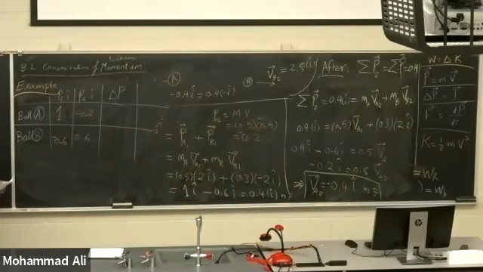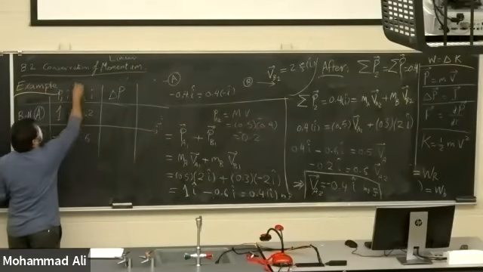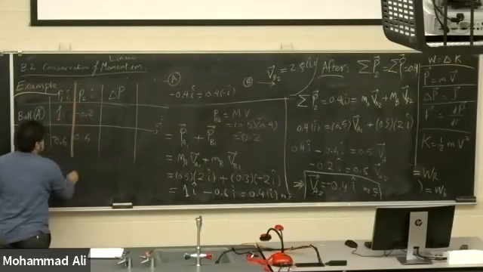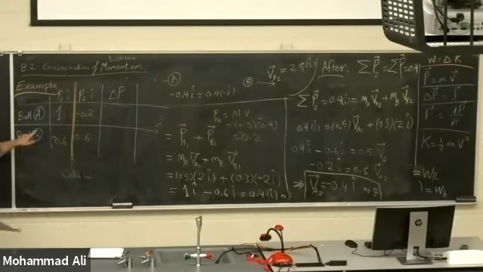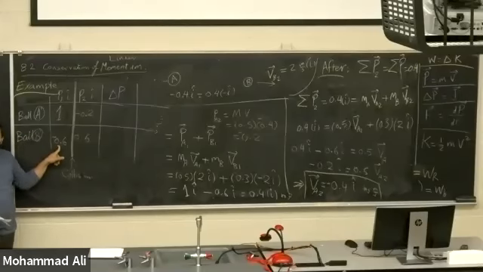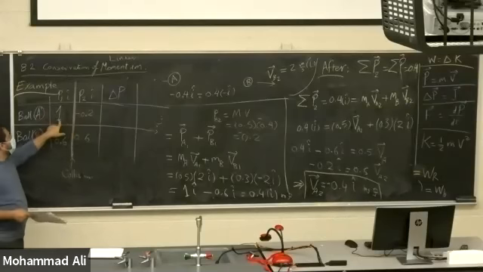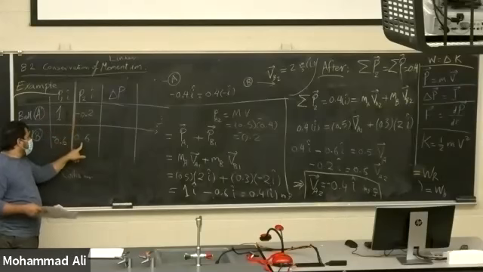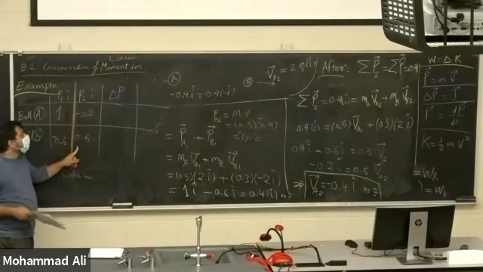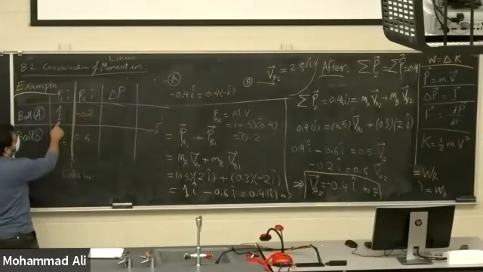Look, before the collision, ball A has momentum equal to 1. Ball B has momentum equal to negative 0.6. After the collision, ball A has momentum negative 0.2. Ball B 0.6.